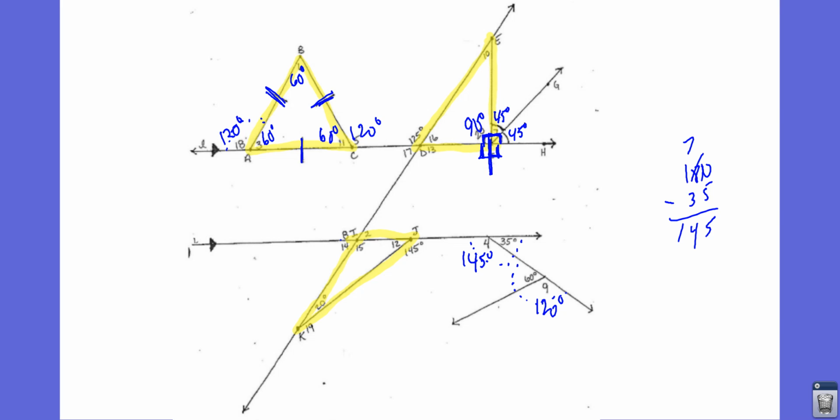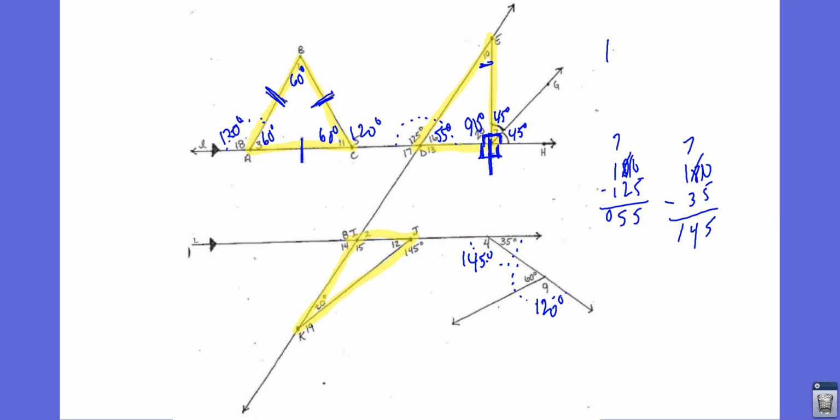To figure out angle 16 right here, you can do supplement. So supplementary angle to 125. So 180 minus 125, 55. All right, now we have 55 and 90. That gives us 145 degrees. What's left for angle 10?